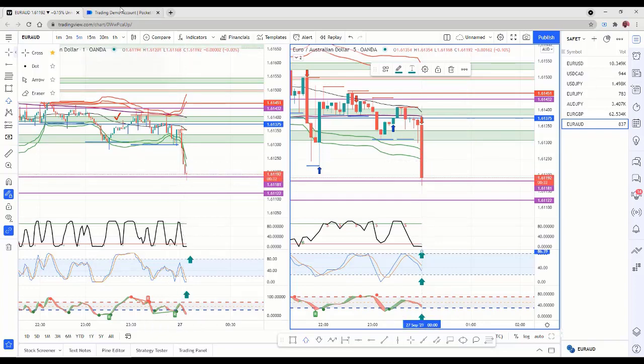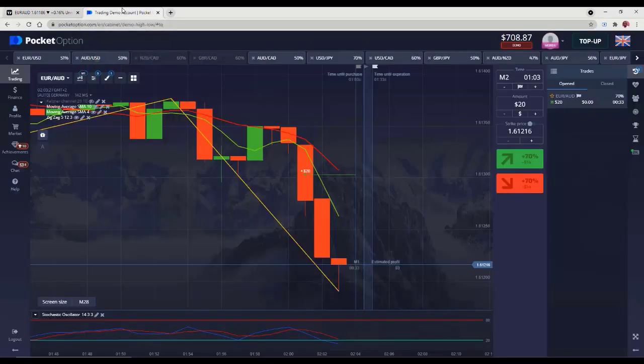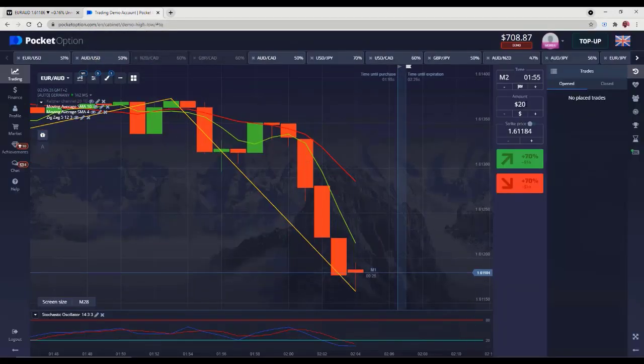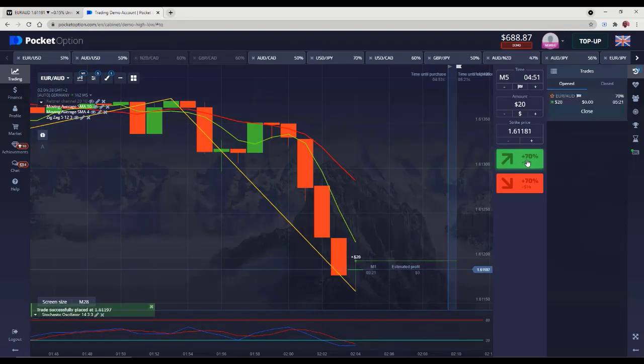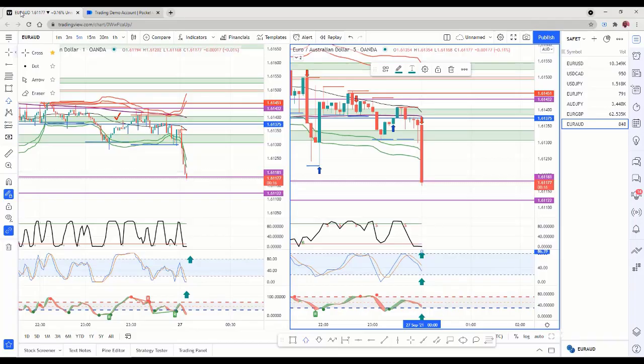Now, if I had come here to take this trade for 5 minutes, it is definitely gonna clear. Although my stochastic has not fully set up.